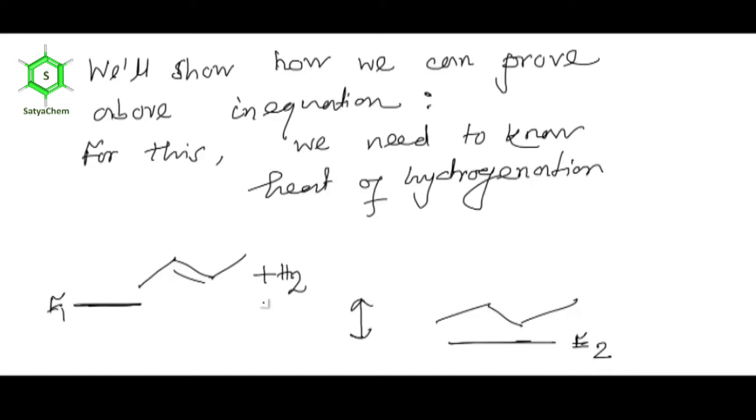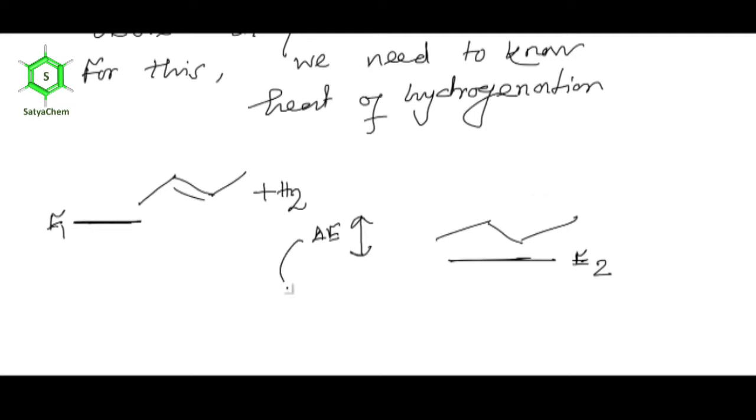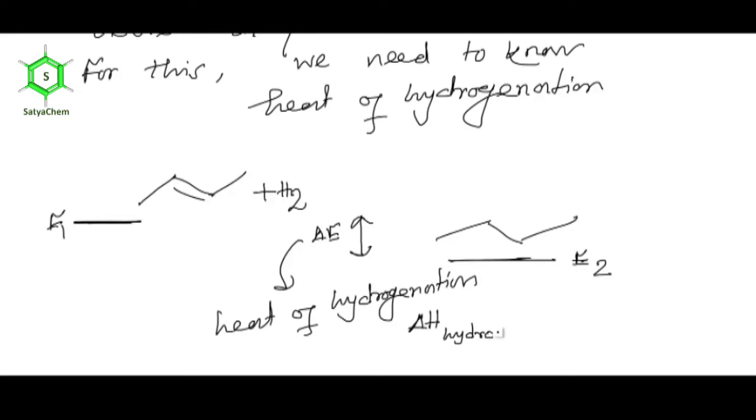The difference between the energy of butane and 2-butene is delta E, and this delta E is the heat of hydrogenation. Heat of hydrogenation is always negative, that is, exothermic.